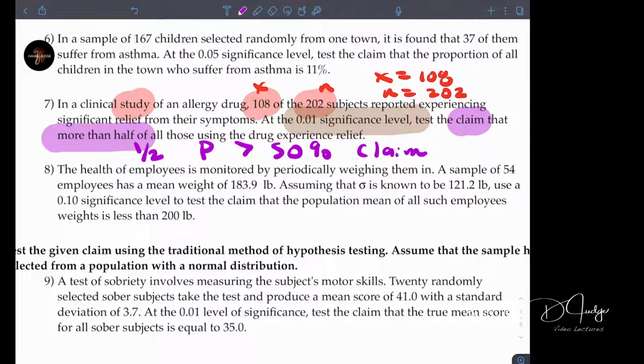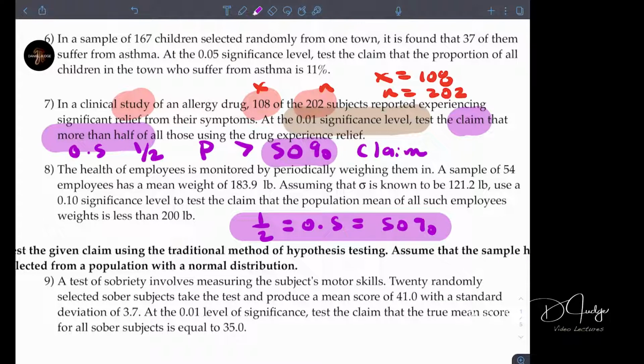Half is 0.5. 1/2 is 0.5, which is the same as 50%. So, remember this. 1/2, that fraction, is 0.5 as a decimal. They're equal, and that's the same as 50%. So this is what they're saying. Okay, that's the 1/2 portion, and more than is greater than. Okay, and this is for number 7. So ladies and gentlemen, we've got all kinds of good information here for number 7.